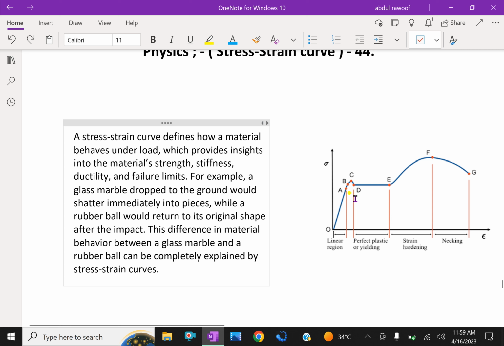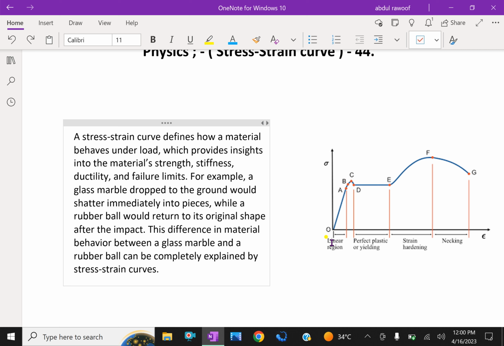We'll explain the features in this graph. From 0 to A, the stress and strain are proportional. That means it obeys Hooke's law for some set of loads. In the region from point A to B, stress and strain are not proportional. After increasing the load, the portion between A and B is not exactly straight. Nevertheless, the body still returns to its original dimensions when the load is removed.